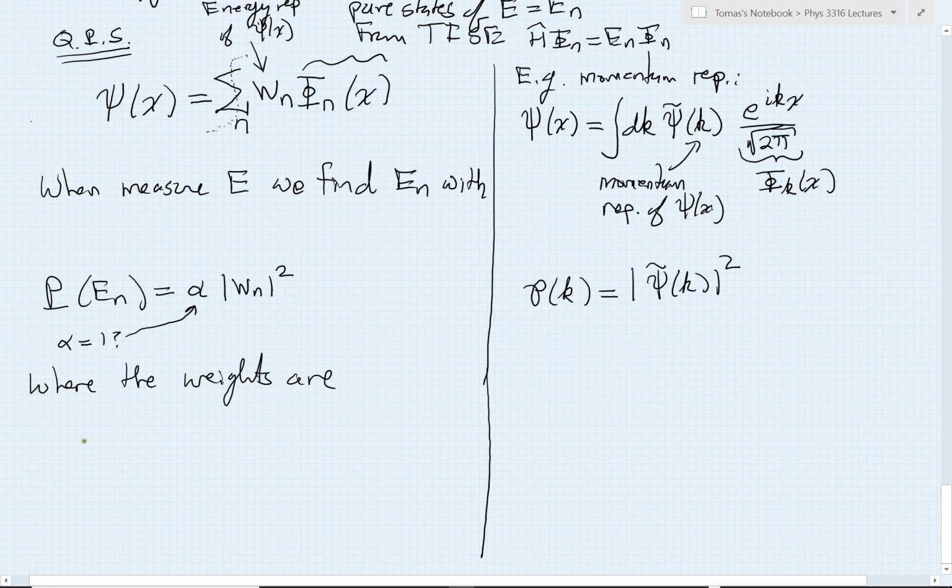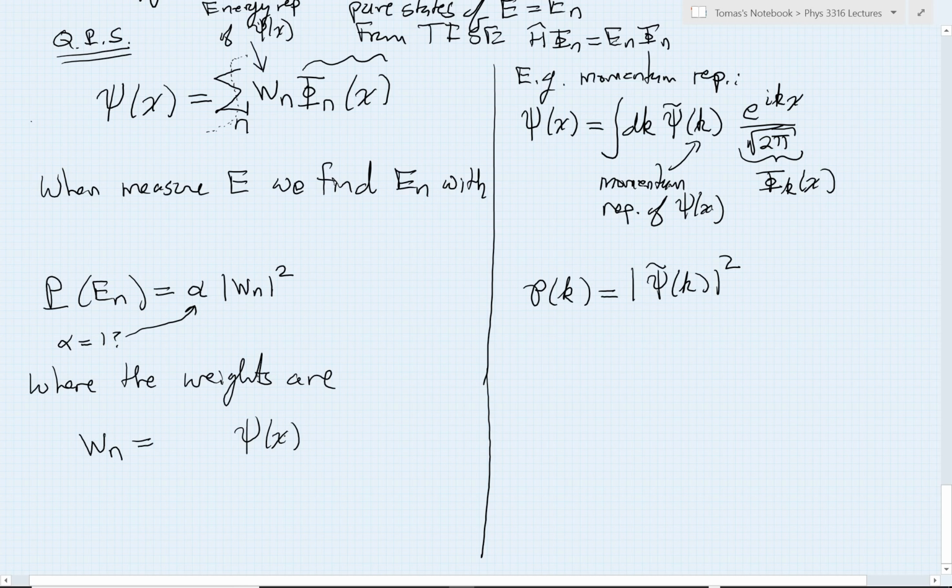So there should be some mathematical procedure I can follow to get my weights, some mathematical procedure to compute them from my wave function. Right? If this W is really some equivalent representation, this collection of these coefficients, well then I should be able to convert between them. This shows me how to go from my collection of coefficients to my wave function. I should be able to go in the other direction and get my weights or my energy representation from that wave function.